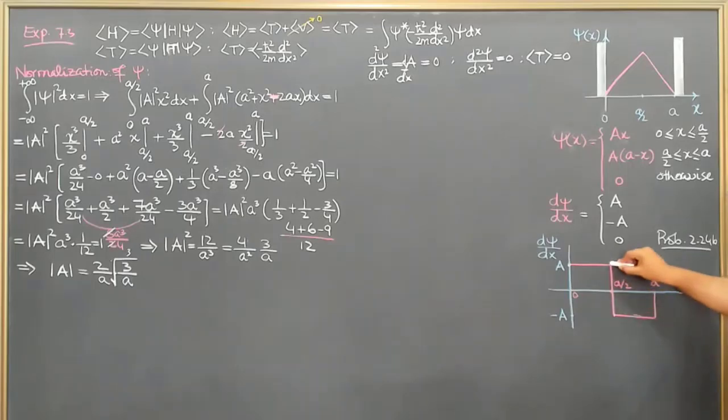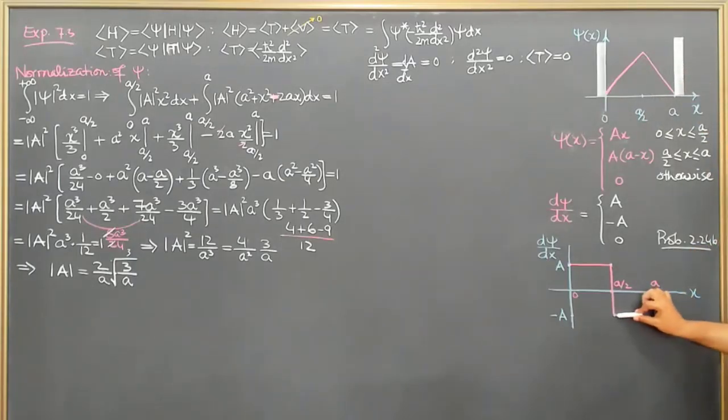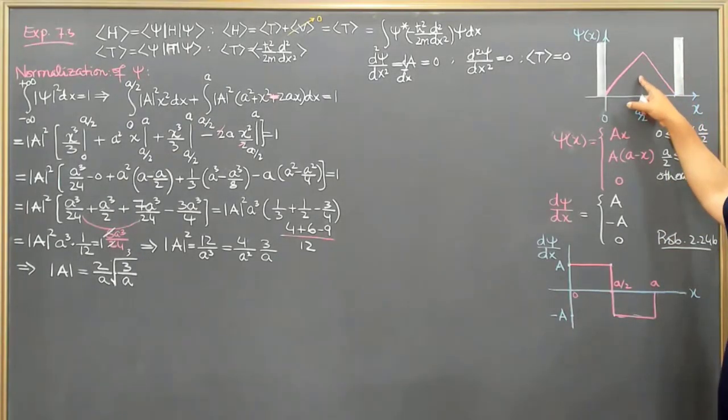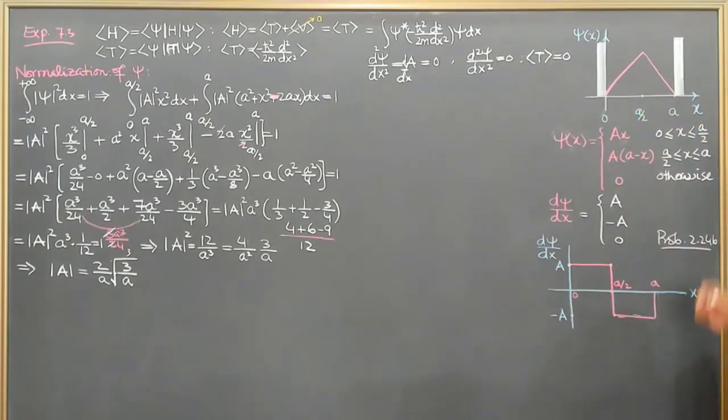Then from this one again we are having a decline and a constant value minus a of this derivative till a. So we know from our elementary mathematics that the derivative of a triangular function is a step function.